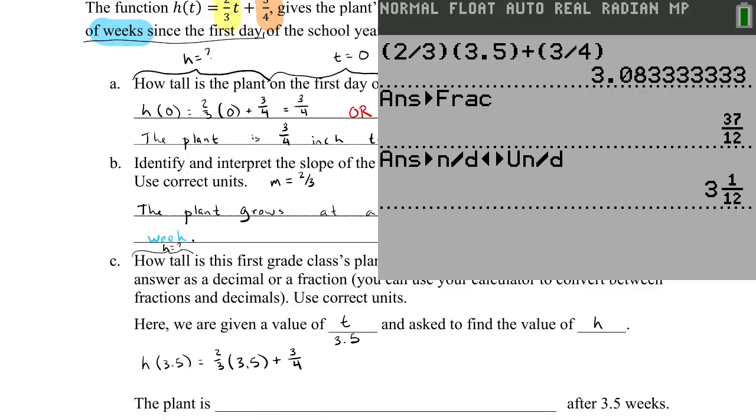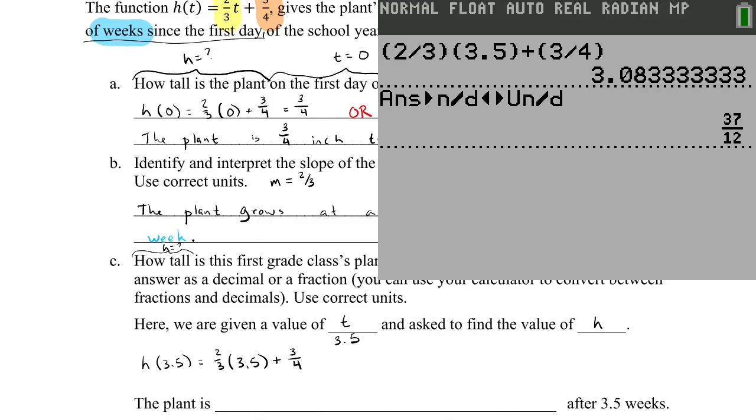If you do not get that menu when you hit alpha y equals, then you can instead say, well, looking at the decimal, I can see that the whole number part is 3.